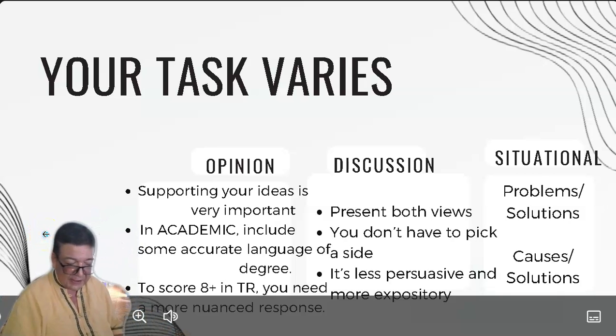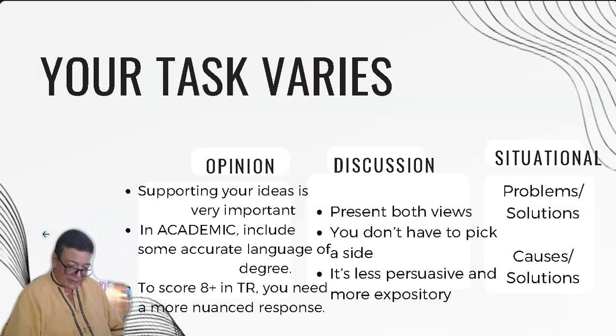In an opinion essay, when you present your ideas, you're choosing which ideas to present. You're not describing the views of other people. These are your opinions, and you need to support your ideas. You always do, but here it's even more important. Because the academic exam asks a question of to what extent, you need to include some accurate language of degree.